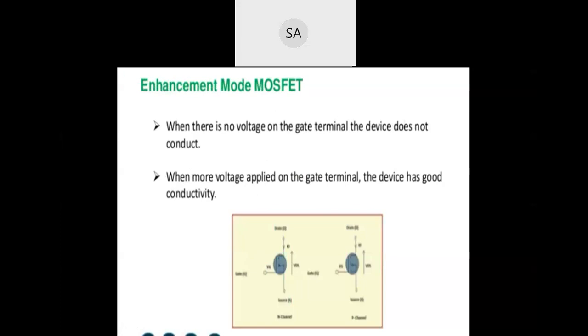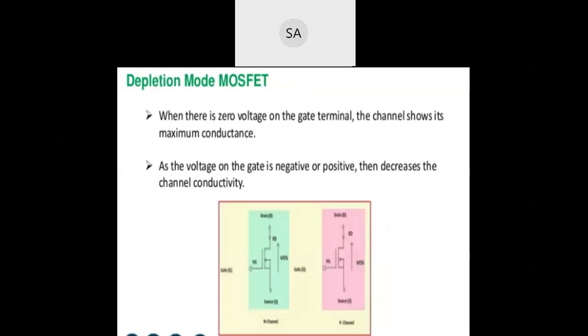When more voltage is applied on the gate terminal, the device has good conductivity. When the gate voltage VG increases, the conductivity of the MOSFET increases. But in the depletion mode MOSFET, as the gate voltage is negative or positive, the channel conductivity decreases.